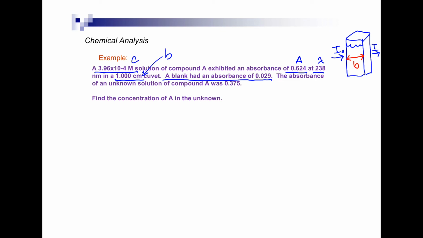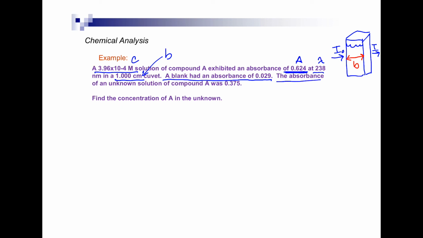If you think about it, this 0.624 here is the absorbance of our compound and the blank, the solution that it's swimming around in. We need to subtract out the absorbance of the blank to find the absorbance of our analyte. I'm going to finish reading the problem here, and then we'll go back to that information.